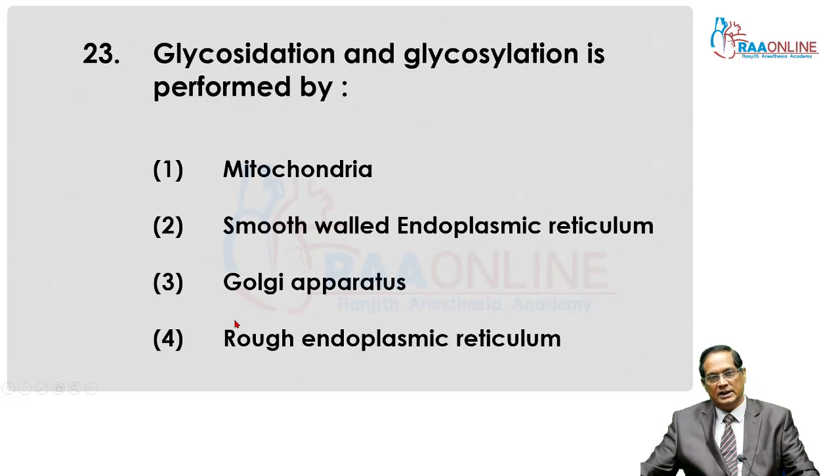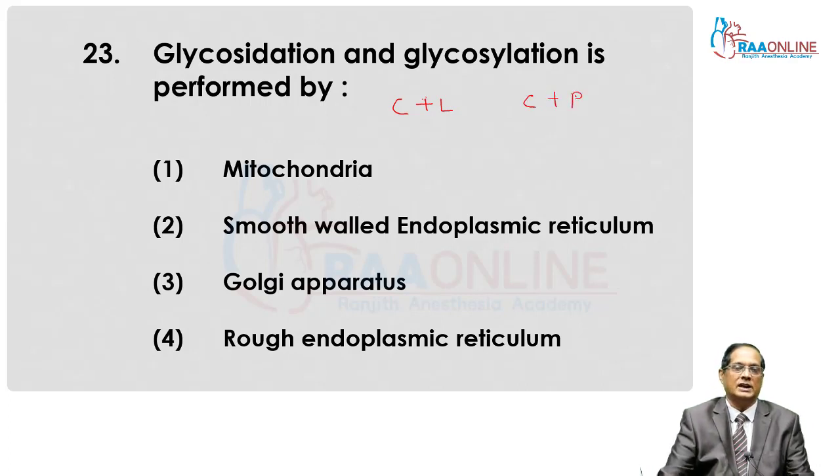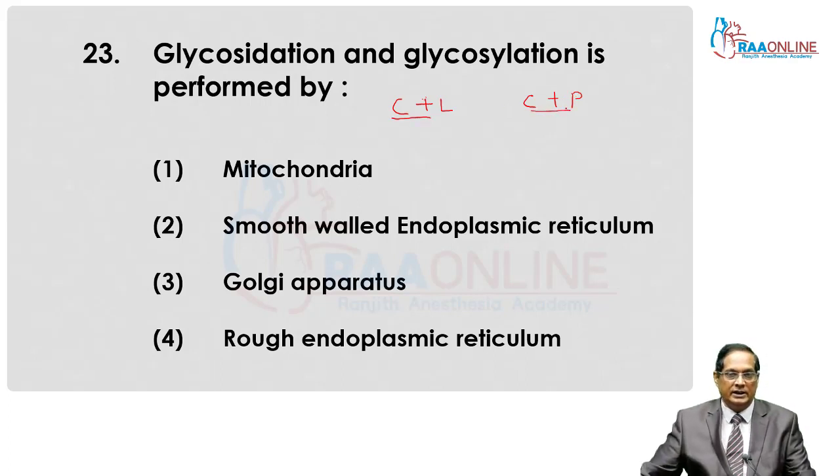Glycosidation, glycosylation. Glycosidation is the linking of carbohydrates with lipid, and the linking of carbohydrates with protein is glycosylation. And the enzymes for these activities are found in the Golgi apparatus.